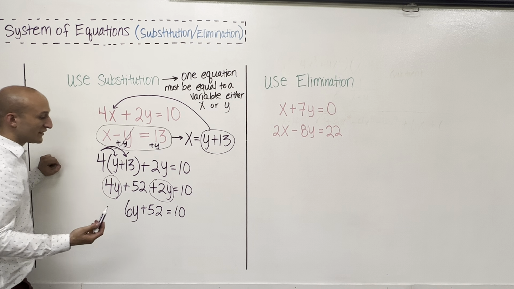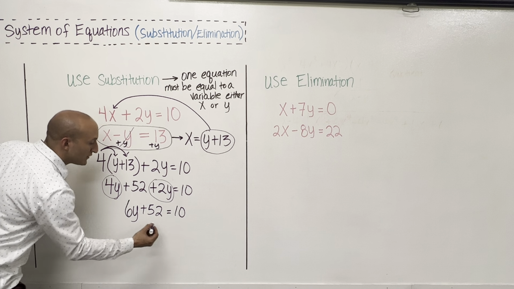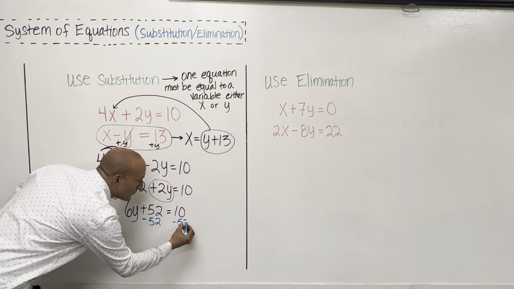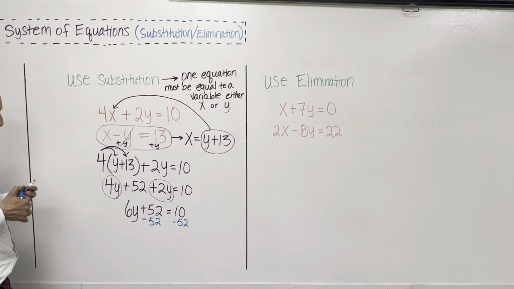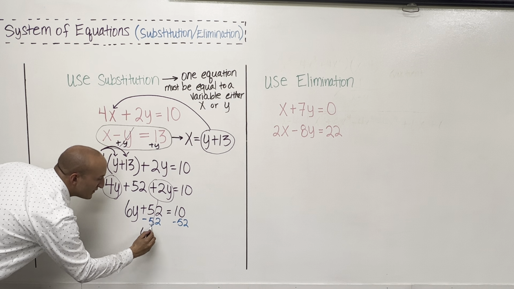52 and 10 are like terms, so I want to combine them, but I'm going across the equal sign. So here, I'm going to subtract 52 from both sides, and I'm left with 0 on the left.